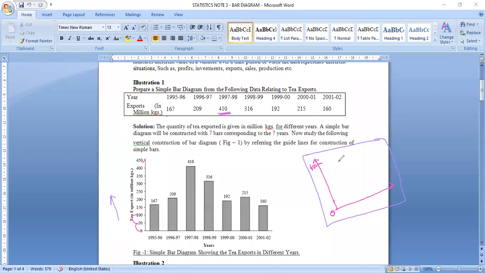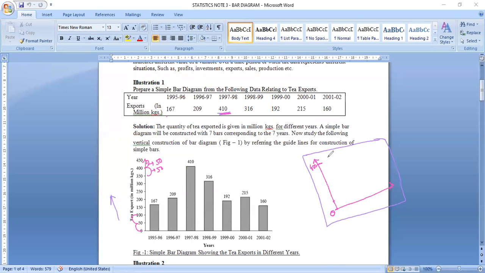Okay. So you take a gap of 50. Appropriately, there is no such standard rule, but depending on the size of your copy and where you want to draw the graph, you have to subdivide the y-axis into that same ratio.